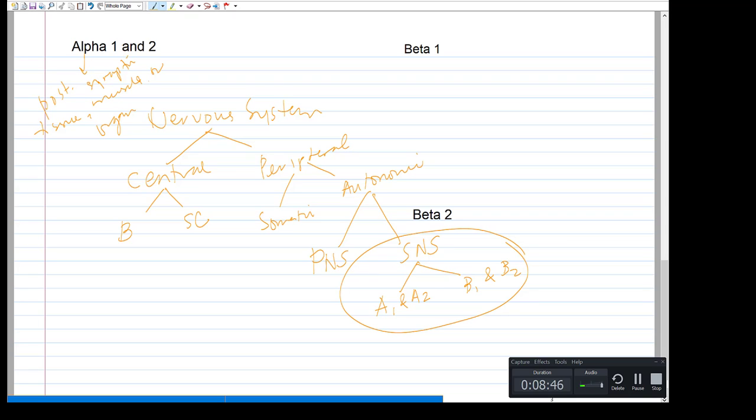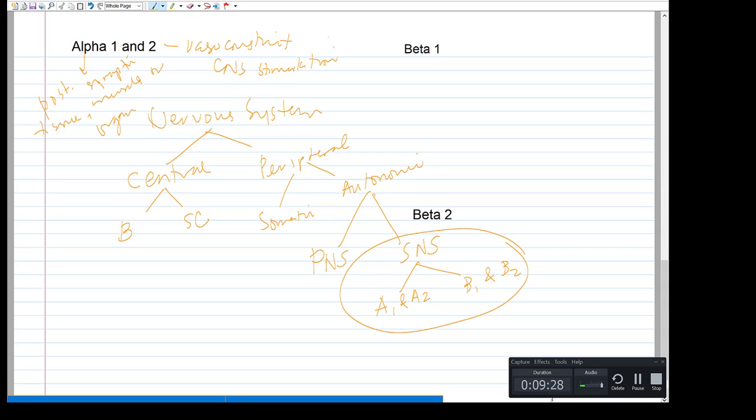Remember that alpha adrenergic agonists, because they are under SNS, can vasoconstrict and can cause CNS stimulation. And you've learned so many ophthalmic drugs that are under alpha adrenergic agonists, right?